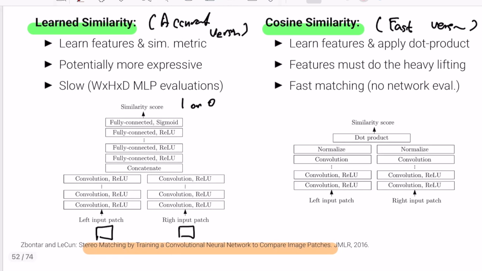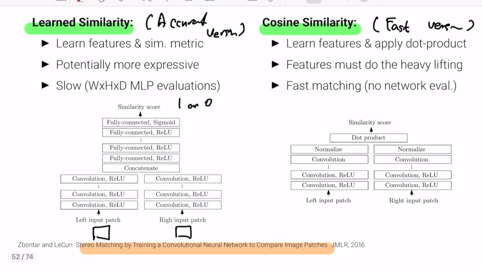In the first case, first of all, we extract a good feature vector from the left patch and right patch, and then concatenate them.